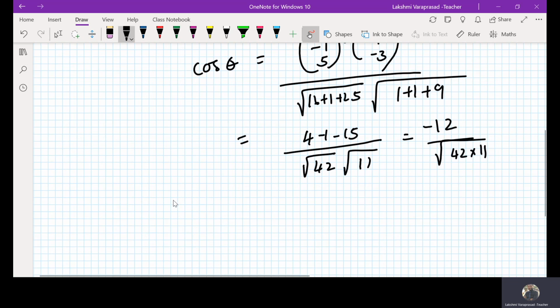So just take your GDC, cos theta is equal to −12 by square root of (42 × 11).